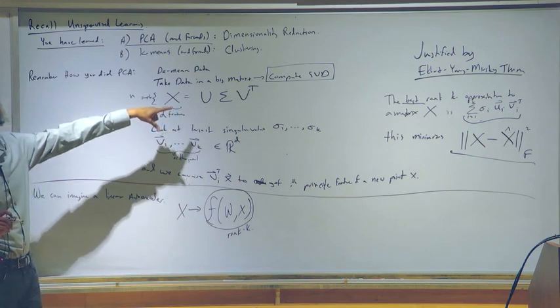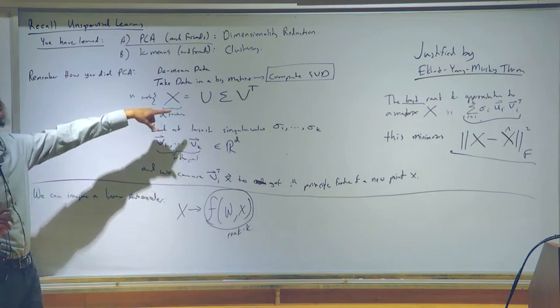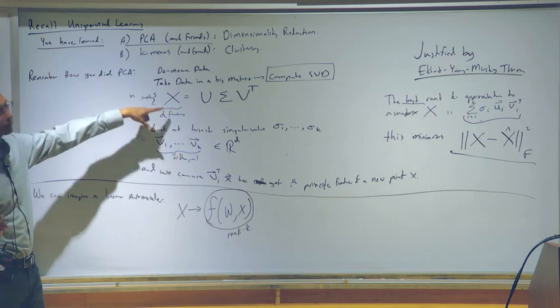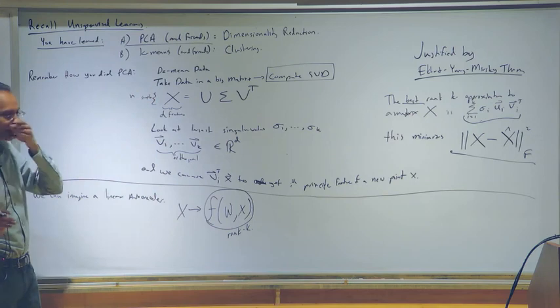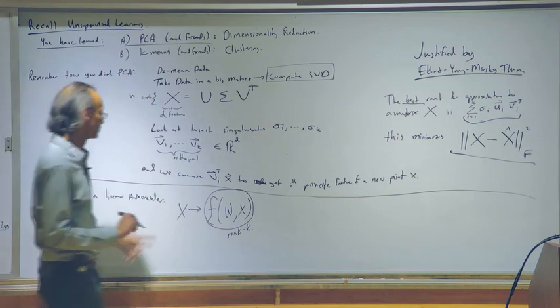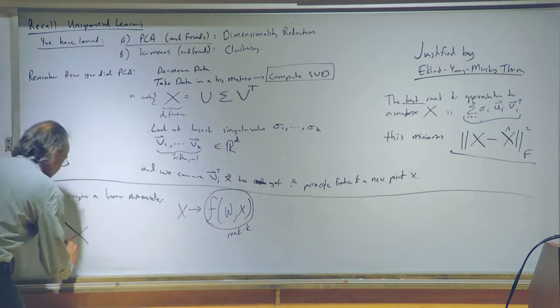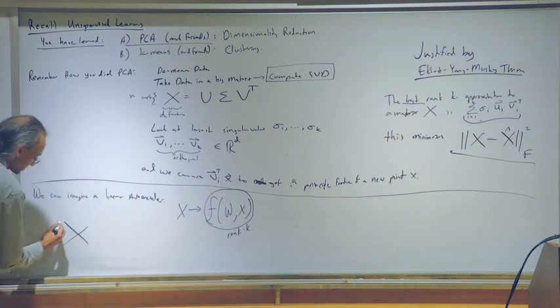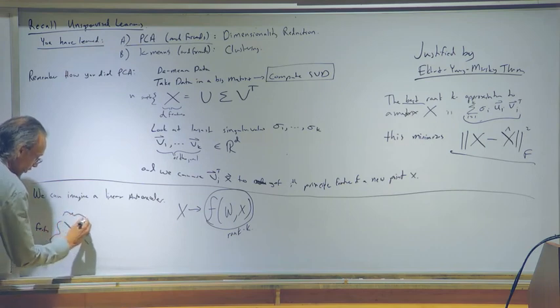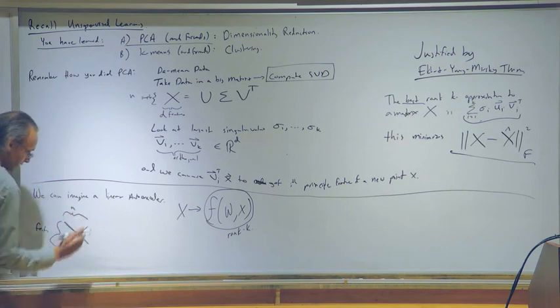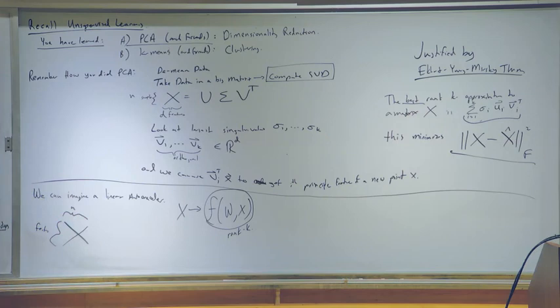But because we like to think about data as being columns also, we have a problem with doing it this way. Okay? So what we're going to do is we're going to go to data as columns mode. So I'm going to think of x instead as these are features, and the different columns are n. So let's think of it this way. I'm changing now, so think of it this way.